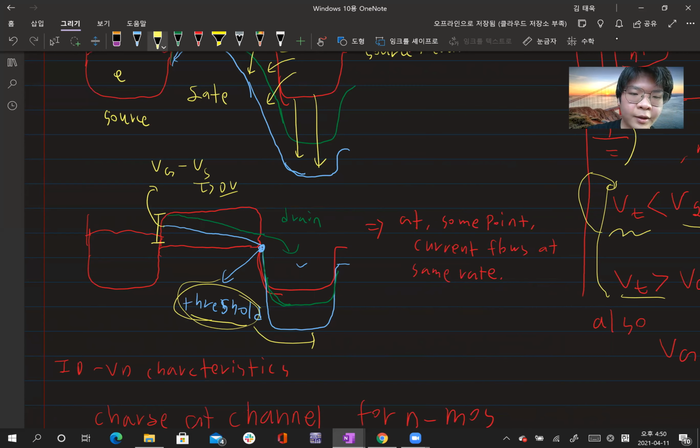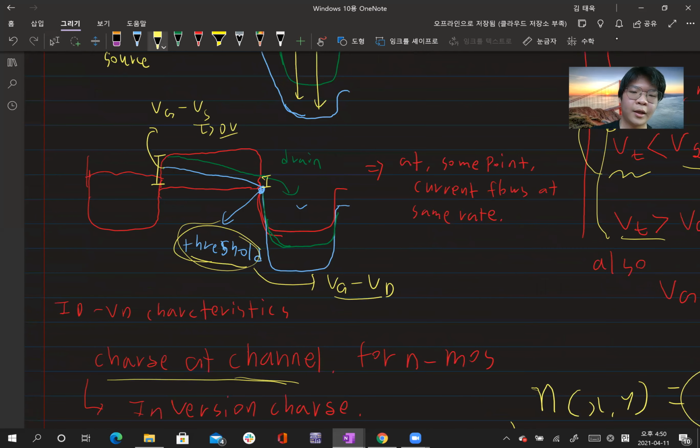But at the drain side, the height is defined as the difference between the gate bias and the drain bias.